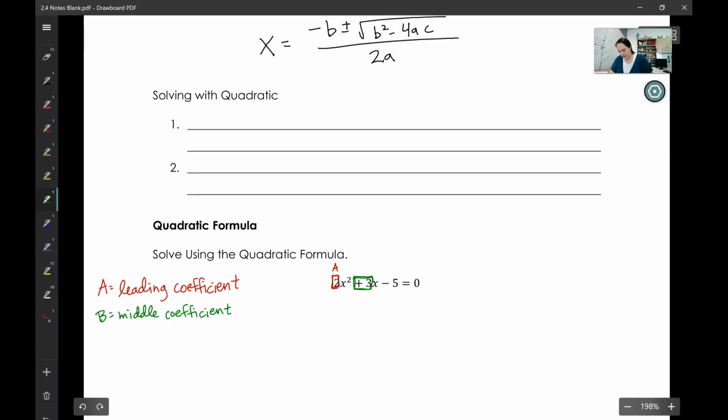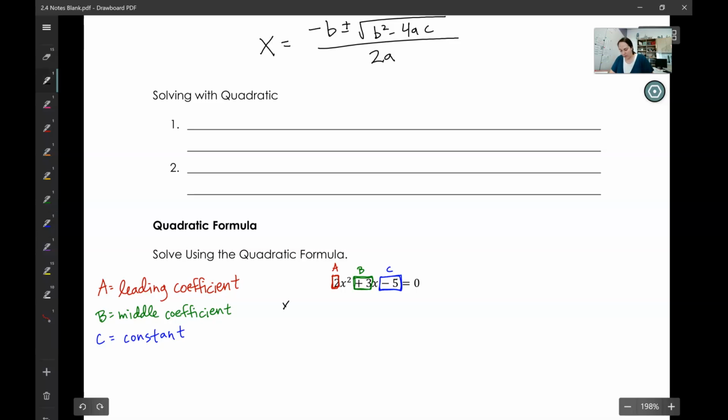So in this case, it would be positive 3. And notice that I carried the sign with it. And then finally, c is your constant, which, reminder, is a number without a letter. And notice once again, I carried the sign with it.